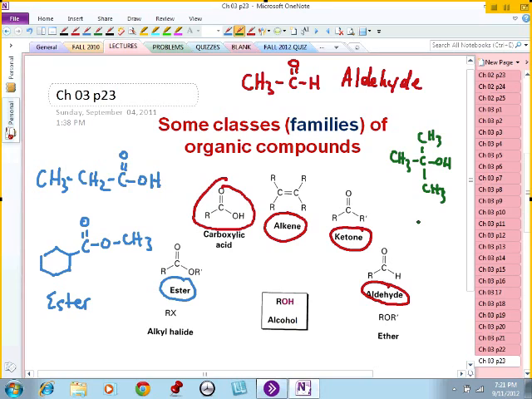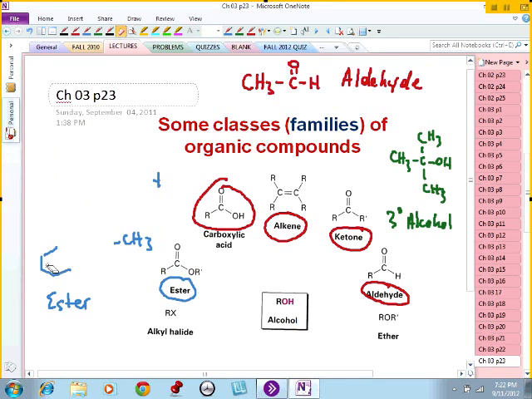Now, supposing I also then go further to ask you, what type of alcohol is this? Primary, secondary, or tertiary alcohol? What will it be? Tertiary alcohol. And that is why it's important to know the different types of carbon. So this would be a tertiary alcohol. Supposing I tell you to draw me a primary alcohol, what will it look like? A primary alcohol.